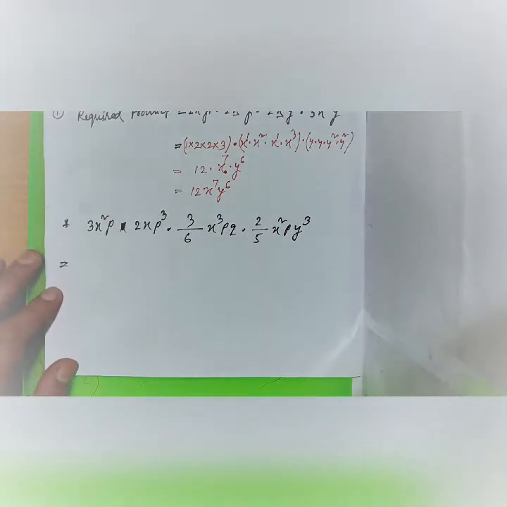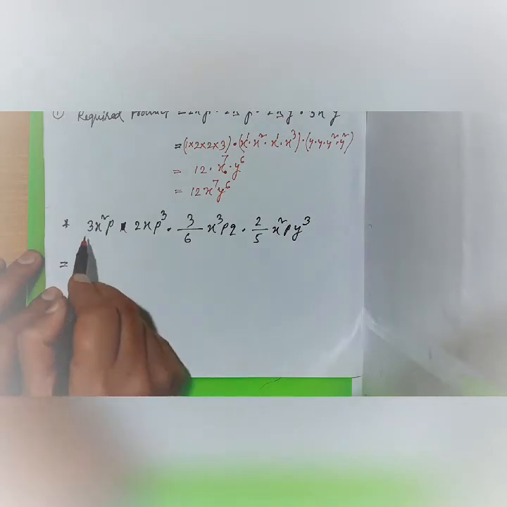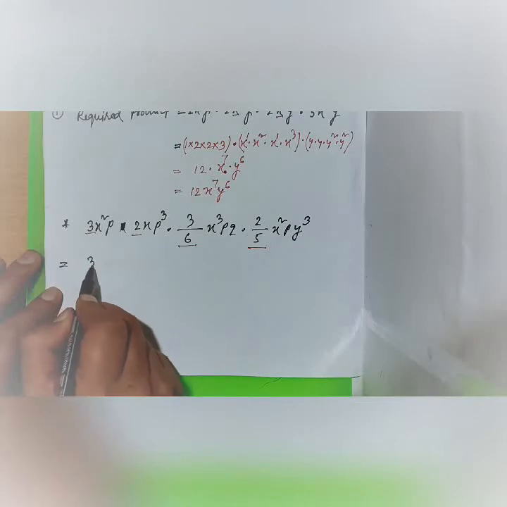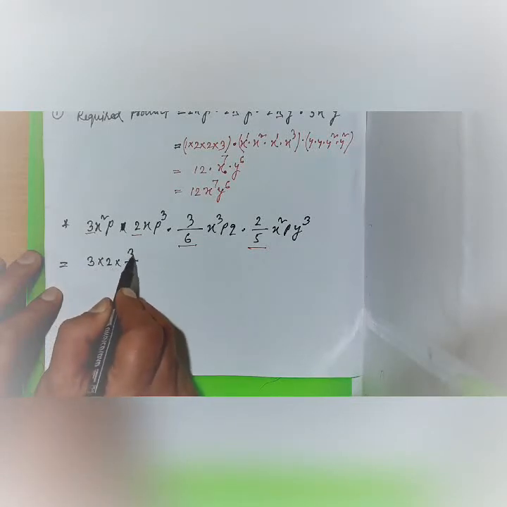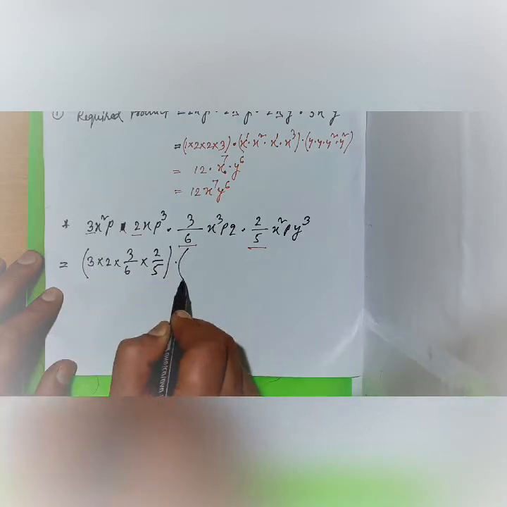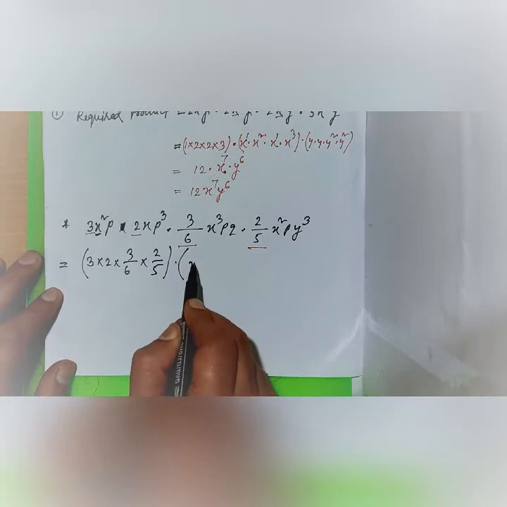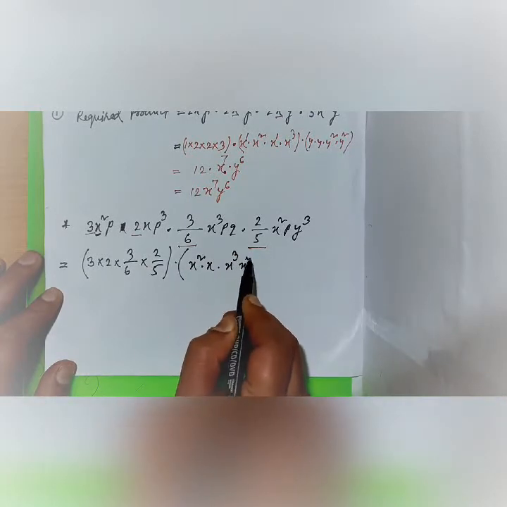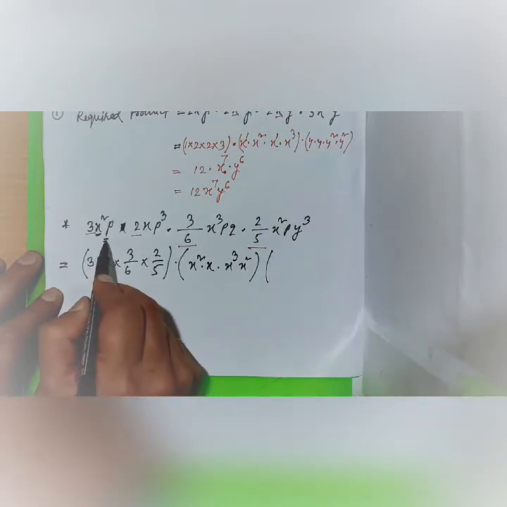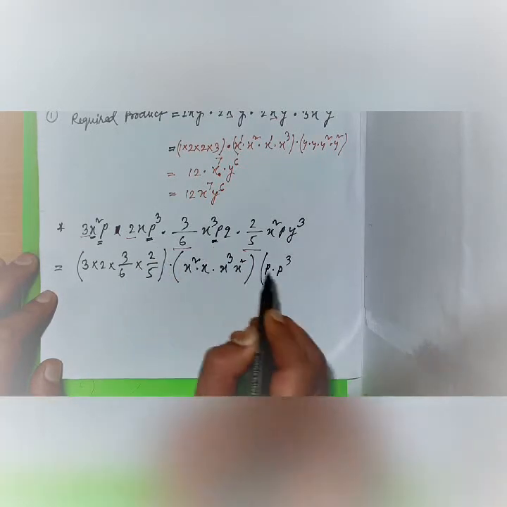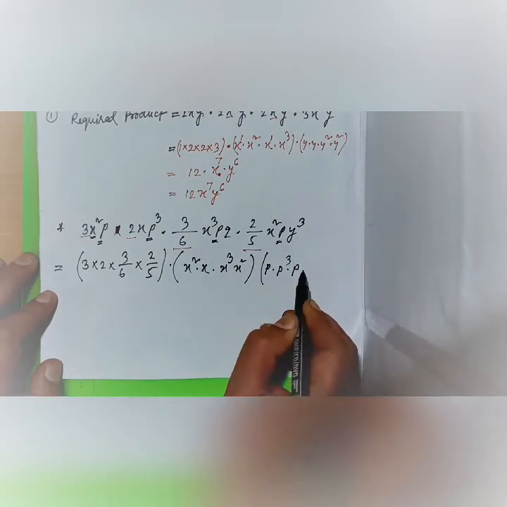Okay, now the second question. Here also first we will multiply all the numerical coefficients, that is 3 into 2 into 3 by 6 into 2 by 5. The numerical coefficient is over. Now we'll multiply the same variables: x square, x, then x to the power 3, then x square. Then we will multiply the other variable p cube. Here it is p and here also it is p.